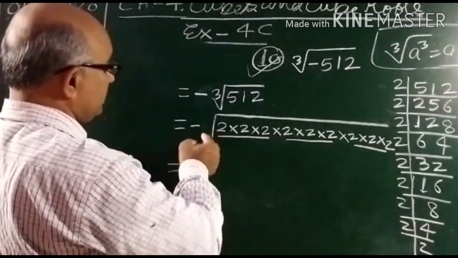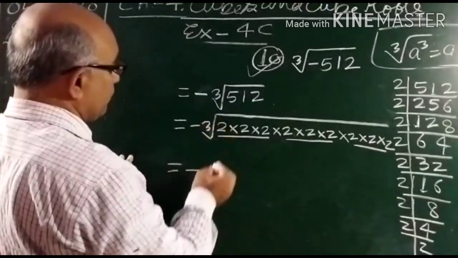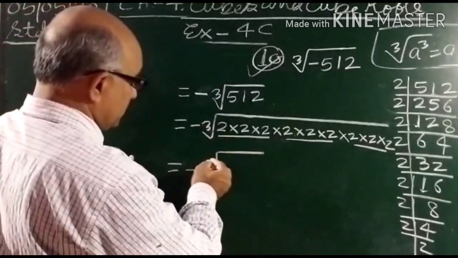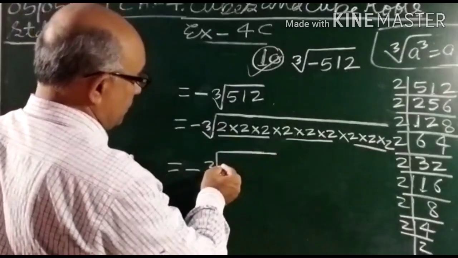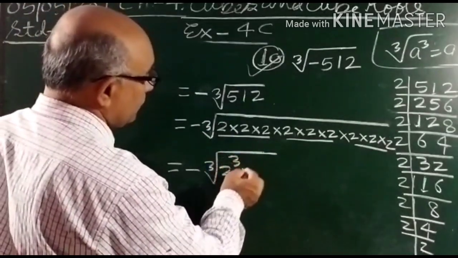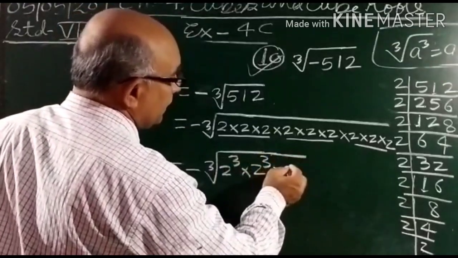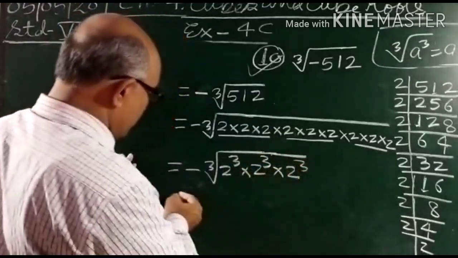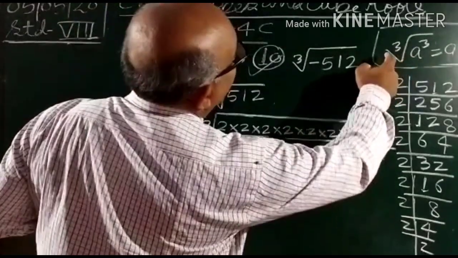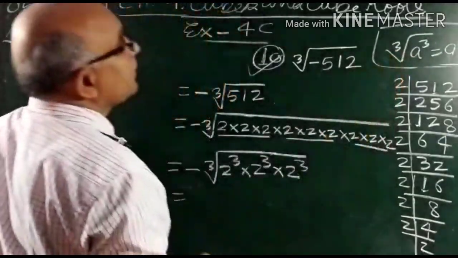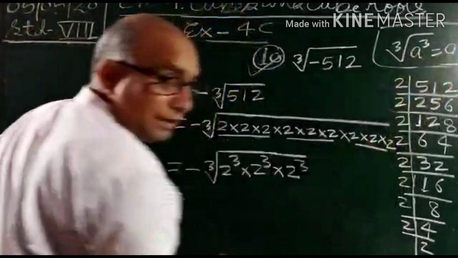Minus cube root of 2 cube into 2 cube into 2 cube. With the help of this rule, cube root of a cube equals a.